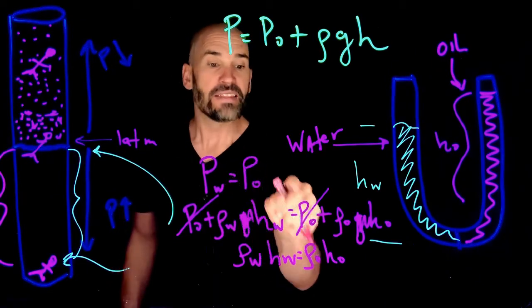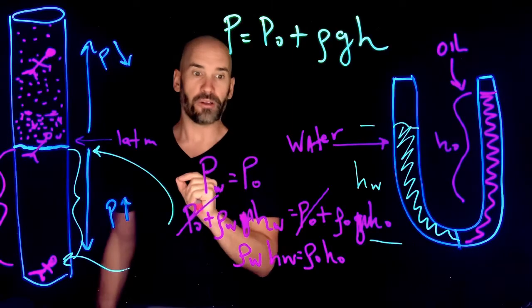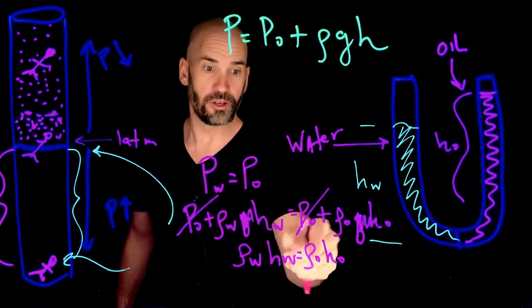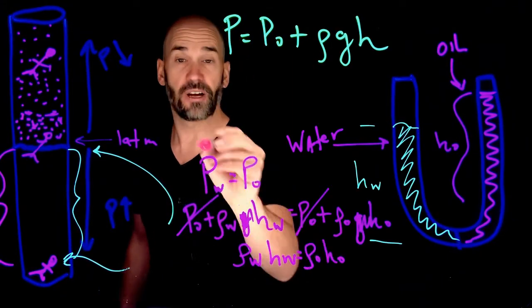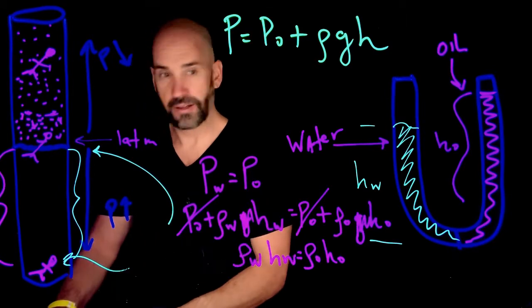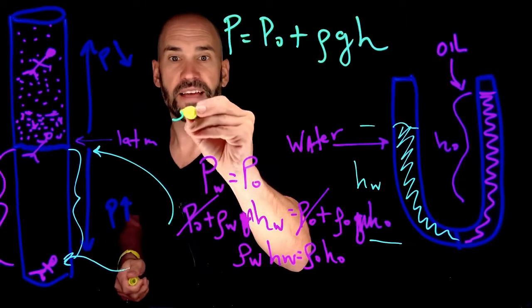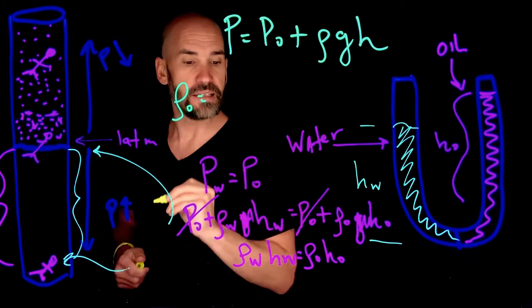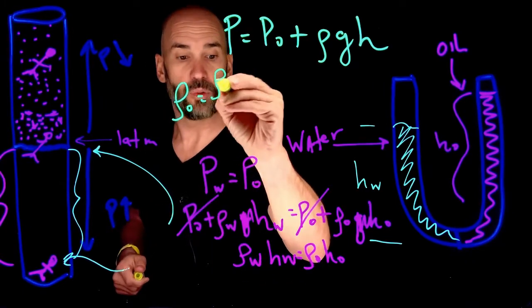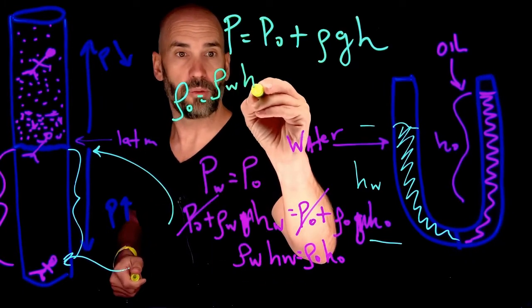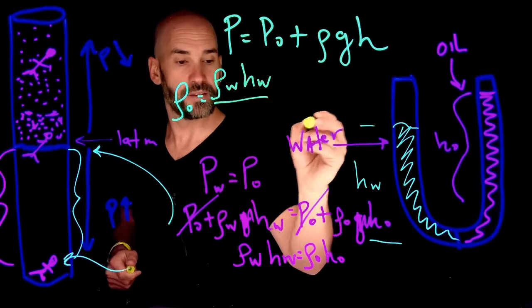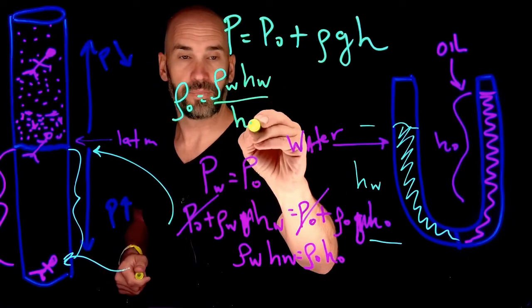Which means that I can find the density of the oil, right, by just solving for rho 0. So if I just go ahead and solve this, I am going to get that the density of the oil equals the density of the water times the height of the water divided by the height of the oil.